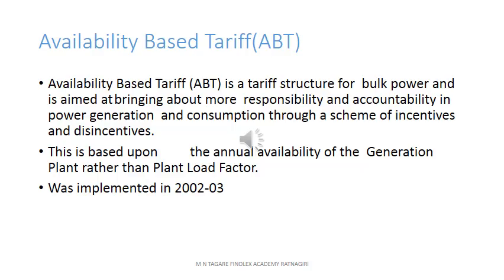That means those who were running the generators used to pump power into the grid, and those who used to draw power drew it from the grid. Because of that, there was no synchronization among the generator units and the load units. So there was a problem of voltage fluctuation, and at the same time frequency fluctuation.